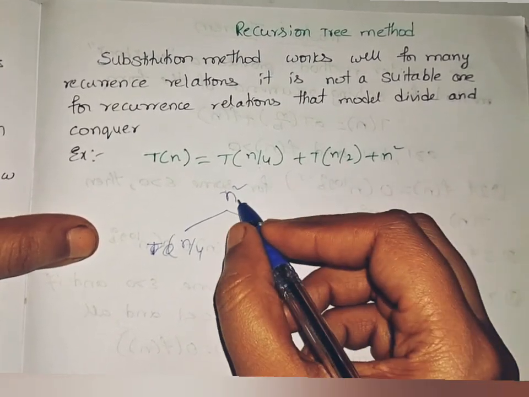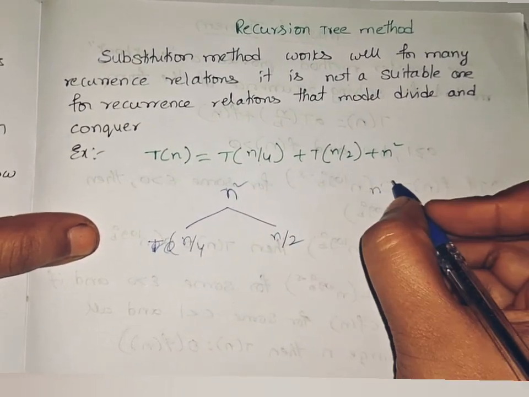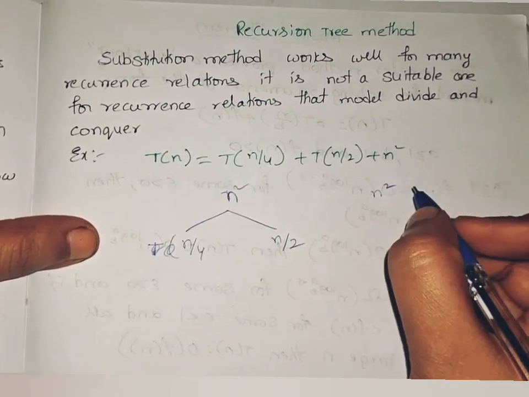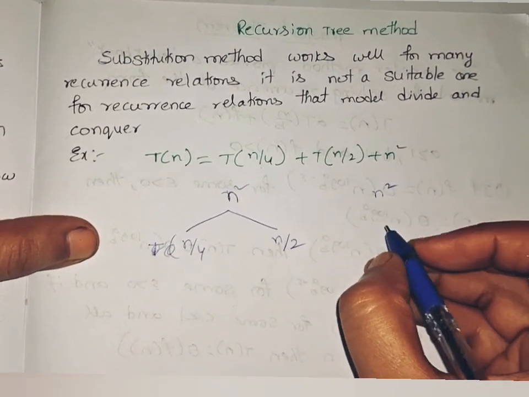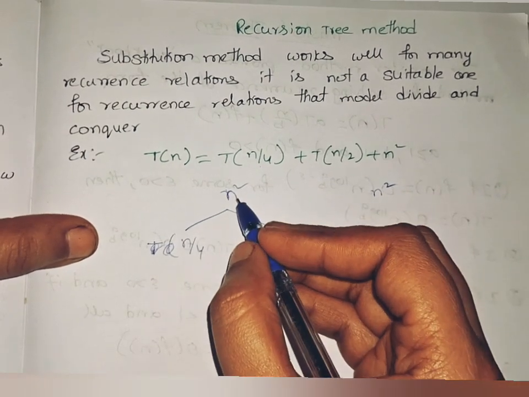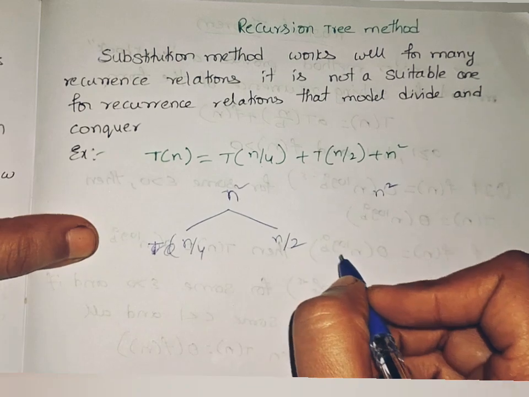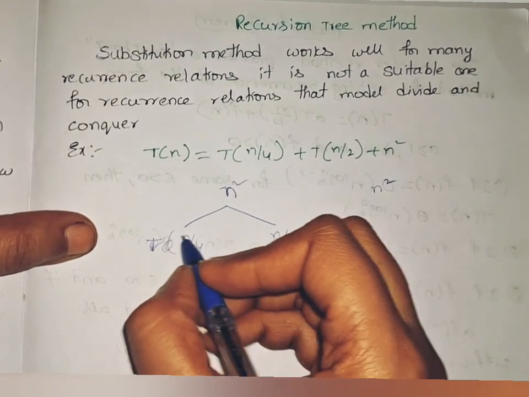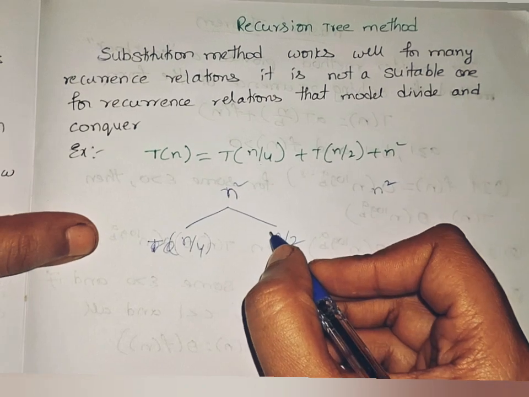So for the first level it takes only n^2 cost. For the second level it takes 5/16 n^2.